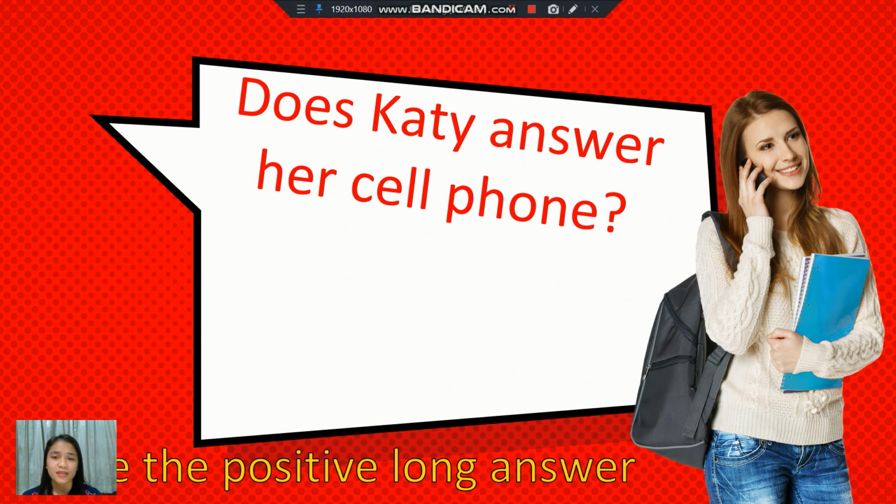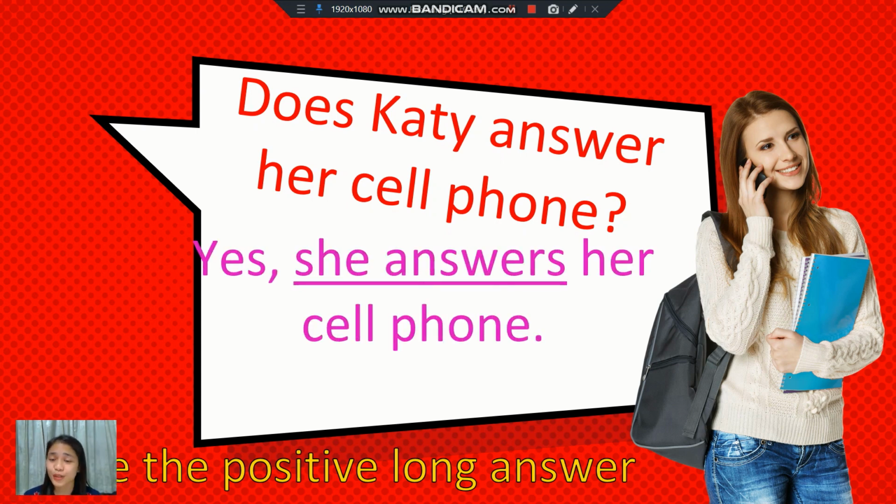Next, does Katie answer her cell phone? So give me the positive long answer. Look at her. Is she answering her phone? So your answer is yes, she answers her cell phone. So this is positive.